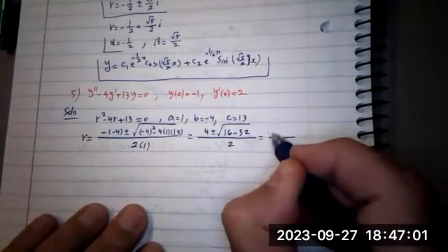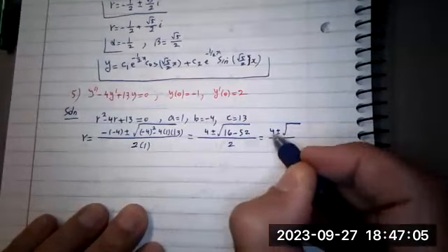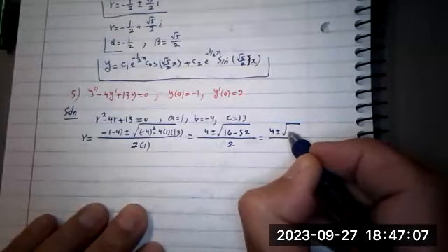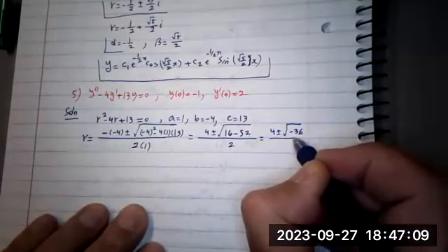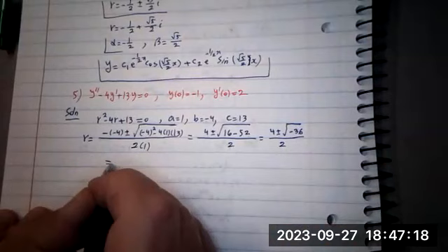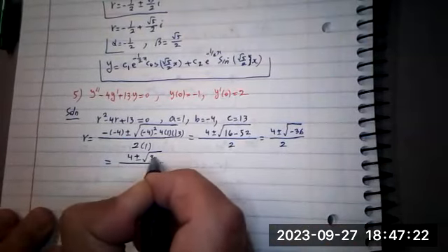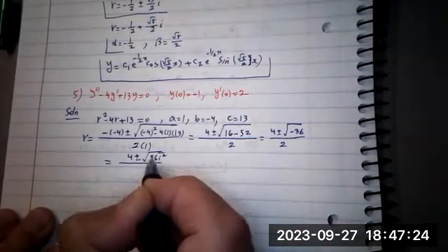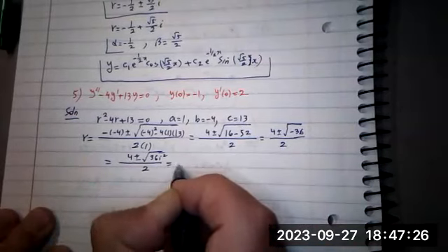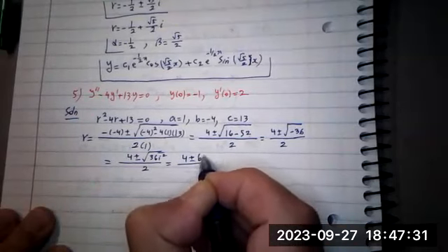If you simplify it, that gives you 4 plus or minus the square root of negative 36, which is a nice number, over 2. We change the square root of negative 36 to 36i squared, so that gives 6i. So it's 4 plus or minus 6i over 2.